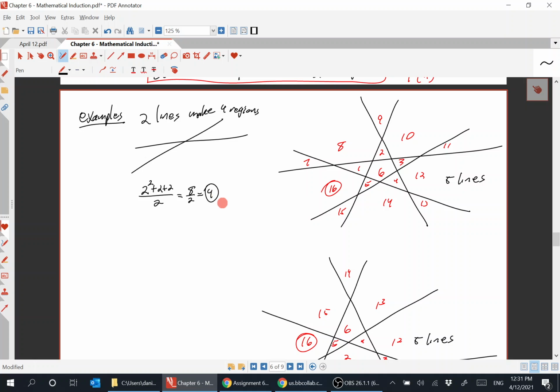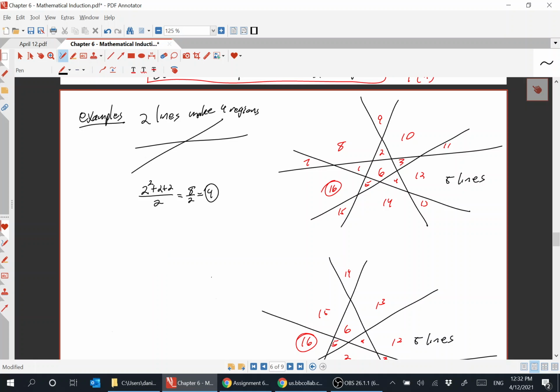Whatever the case might be, but 2 lines essentially look like that, up to shifting and rotating the lines. 3 lines, they always look the same. It always looks like this. Again, you can always shift the lines a little bit. Angles change or whatever, but it's always a triangle surrounded by these other regions. 4 lines, it always looks like this.